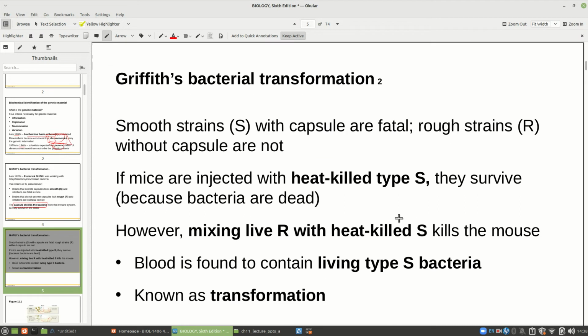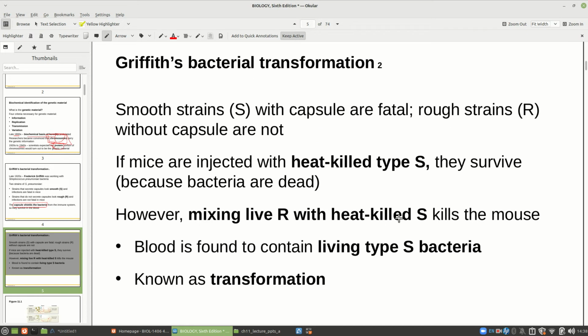And he did this type of experiment, all right, and you need to know this experiment. I am not going to go through it. You can go find videos on it on YouTube if you want. But if you read it, it's very straightforward. I would probably ask you a single short answer on something like this, on Griffin's bacterial experiment.